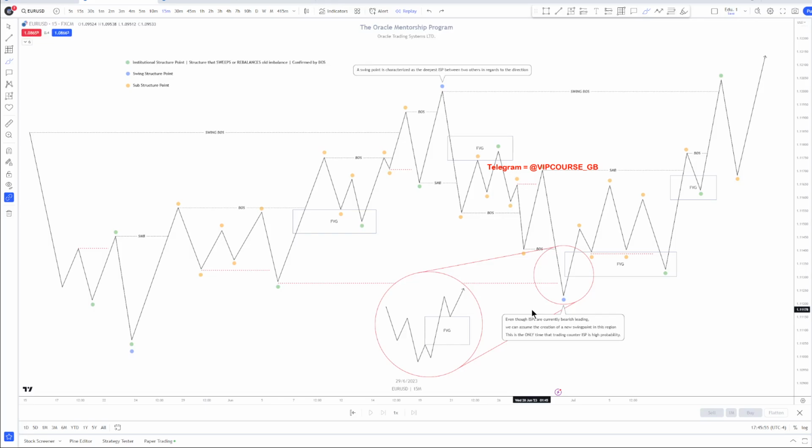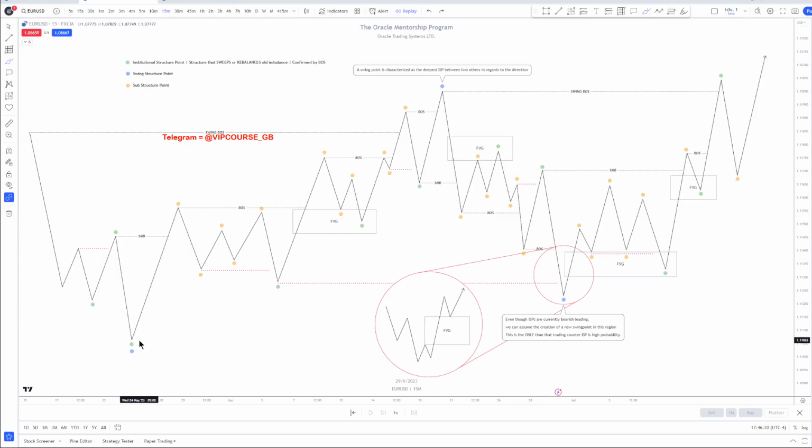Points of any kind, well, institutional points, I should say, are confirmed when there is a break of structure. A good question to ask is, well, what is a break of structure? A break of structure cannot be a simple break of sub. It needs to be a break out of the leg or of the previous institutional leg, okay?